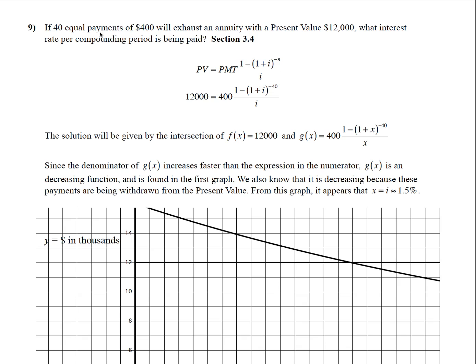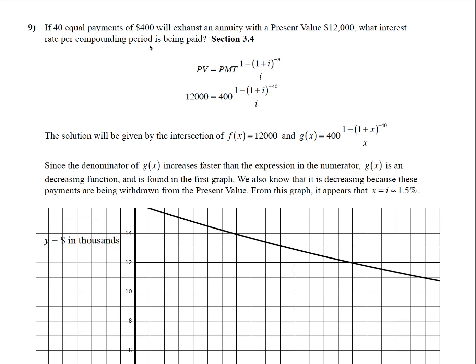And so in this question, 40 equal payments of $400 exhaust the annuity, which means that there's nothing left at the end. And so if that is the case, and the present value is $12,000, what interest rate per compounding period is being paid?